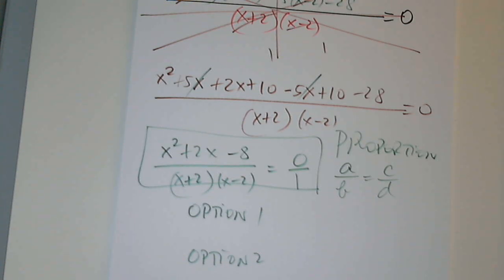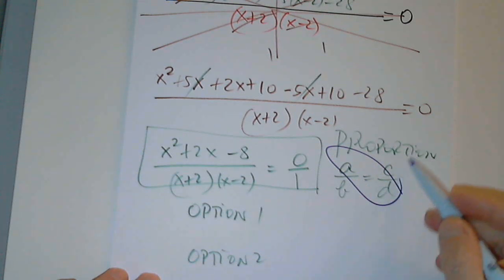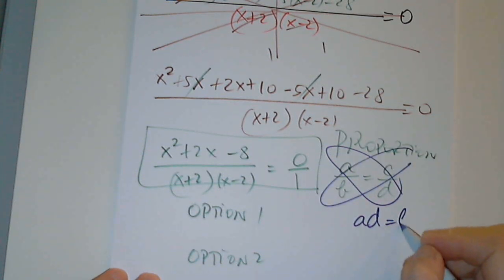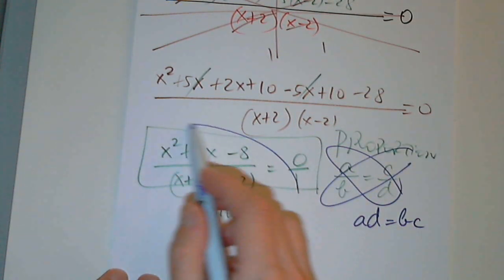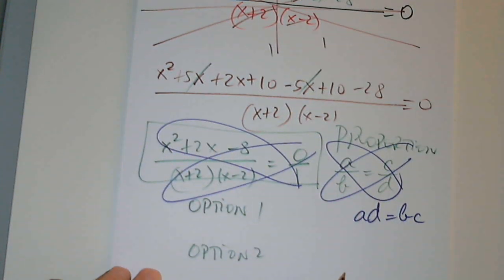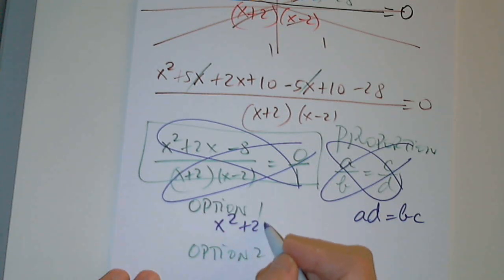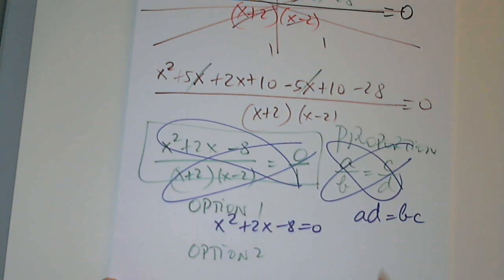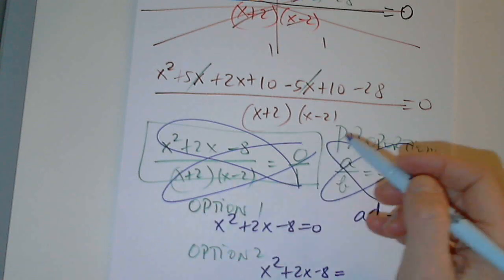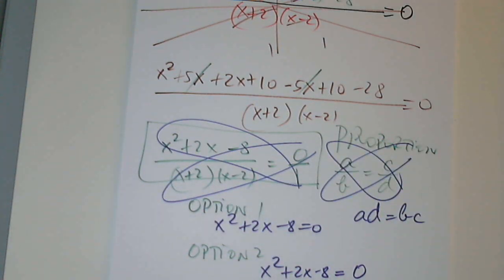If I add a plus 1 or plus 5 in here, it's no longer a proportion, I cannot cross multiply. So only in a proportion I can write this: A times D equals B times C. Same thing here. So option 1 was a fraction is 0 when the numerator is 0. Or it's a proportion, 0 over 1. This equals this. Same thing anyway.